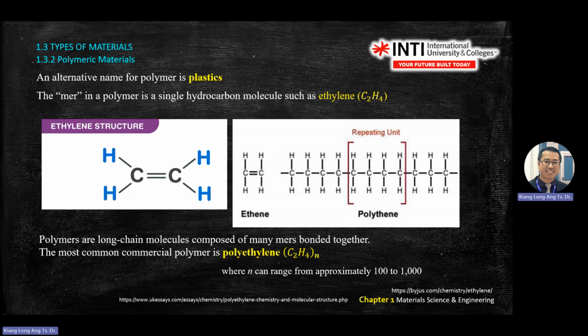We call it mer or monomer. Mono means one. Mer means unit. Right. We'll go into this one in the specific chapter called polymer, which will be in your test 2 or final exam question, maybe question 4, maybe.